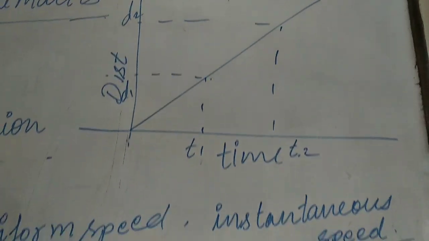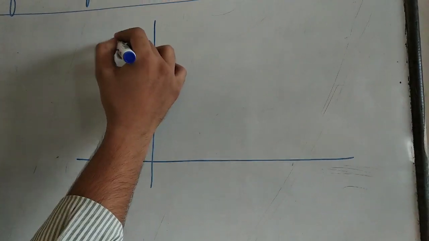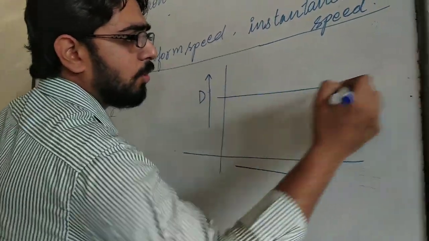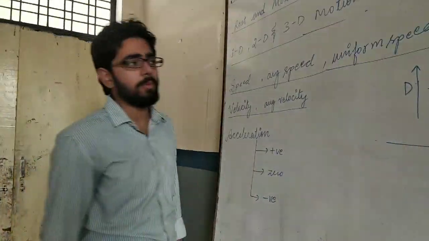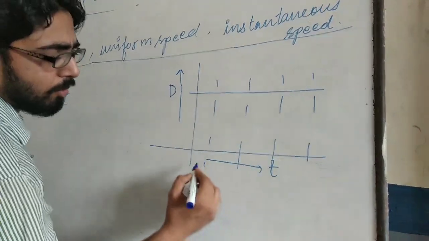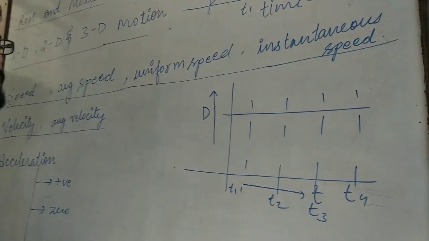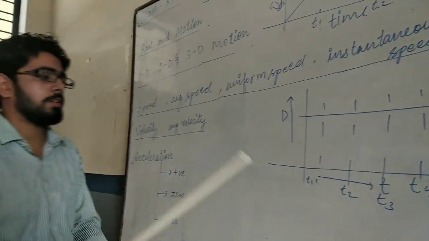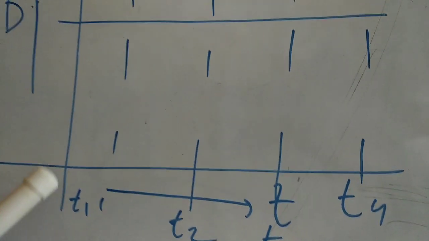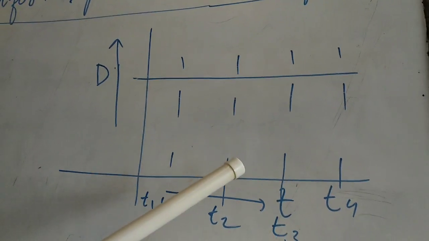But if any object, in this d-t graph, doesn't change its position at different time intervals t1, t2, t3, t4, that person is not covering distance.